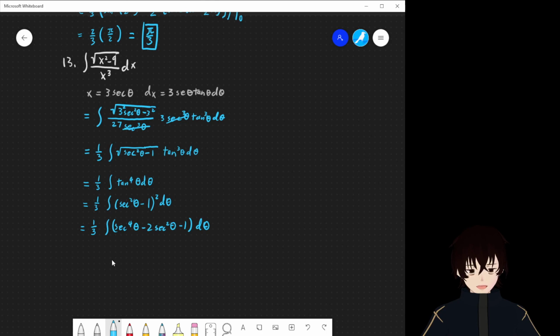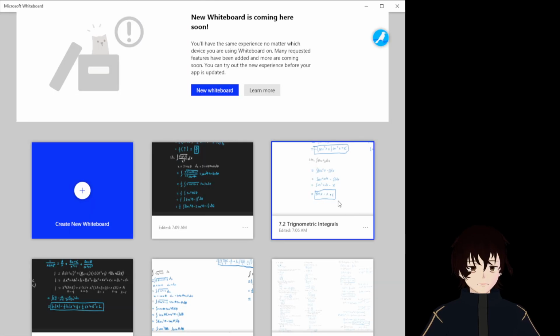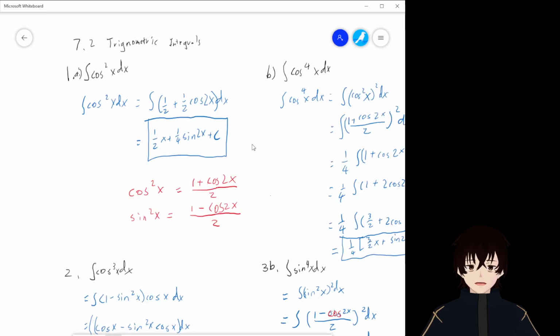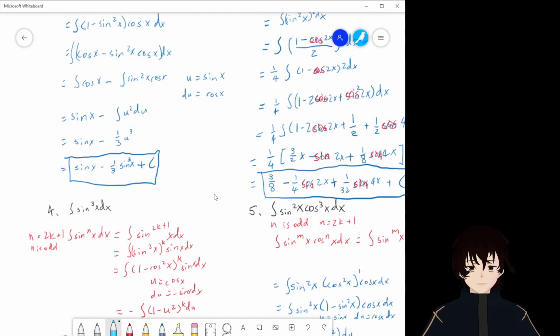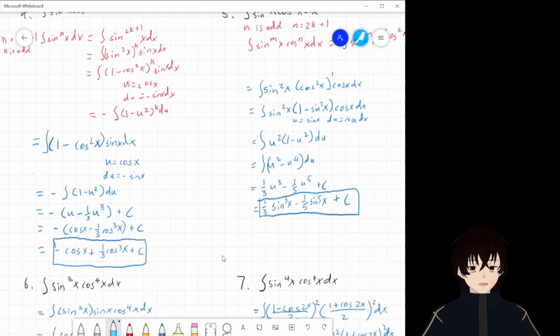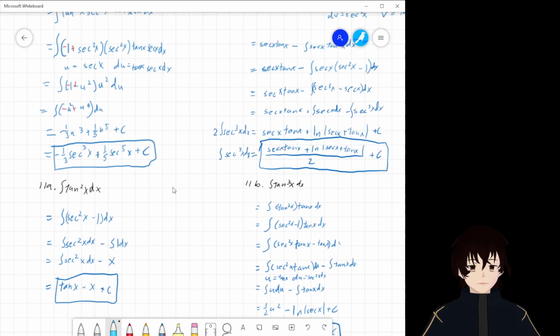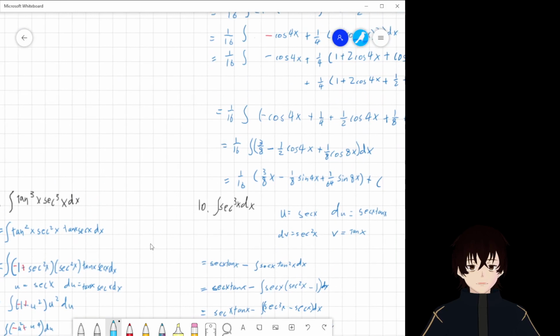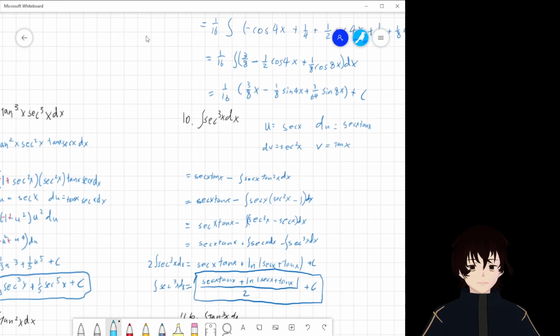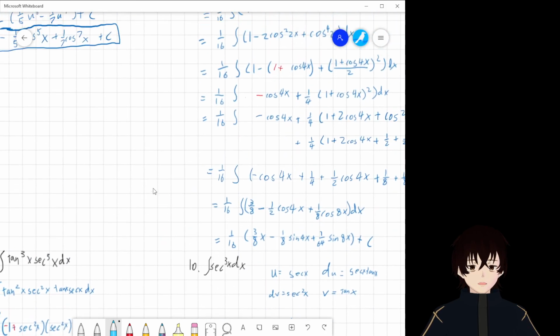Do I make that secant squared? No, that doesn't help at all. Need to refer back. Do I have an example on secant to the power 4? I do not. Oh no.